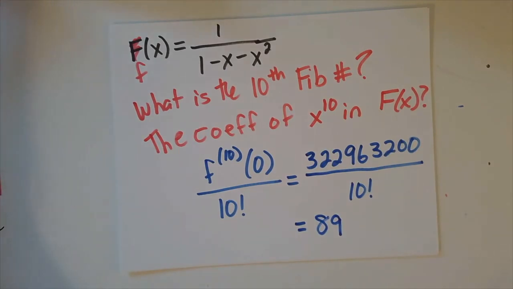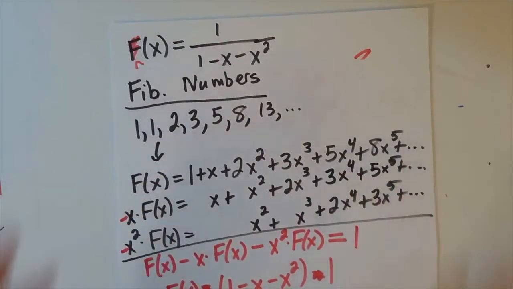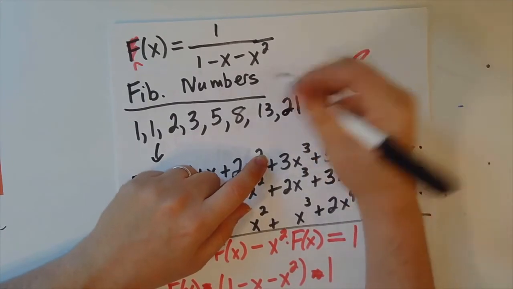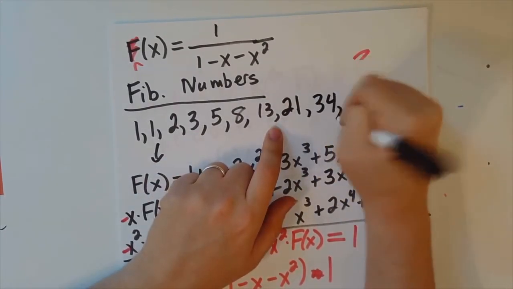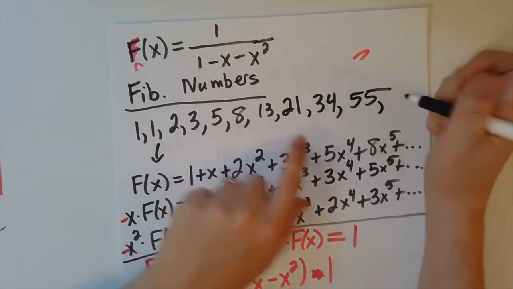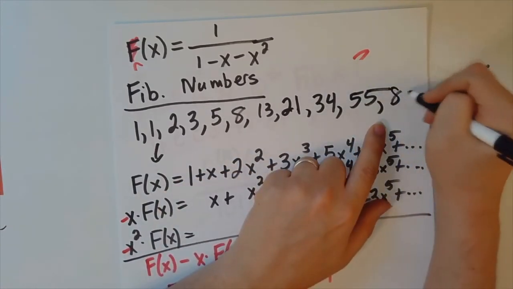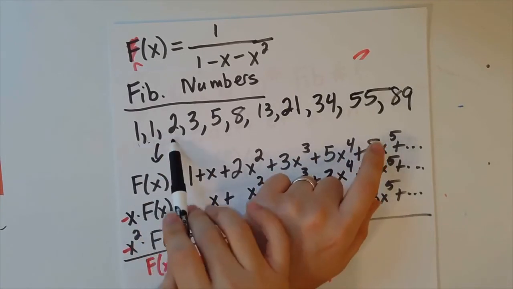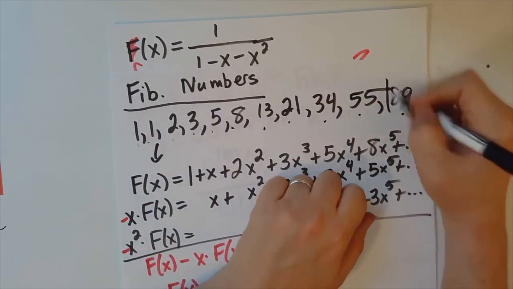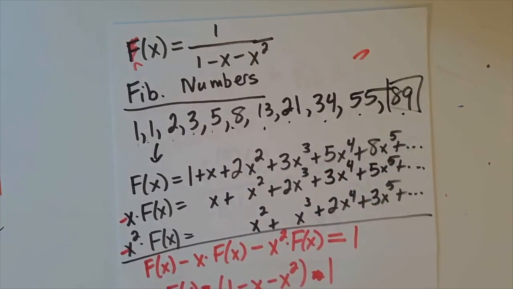If you're afraid that I cheated there, and that maybe that's not really the answer, you can go back to where we wrote down the Fibonacci numbers, and you can say, okay, what's the next one? It's 21, and then 34, and then 55, and then 89. And so that's 0, 1, 2, 3, 4, 5, 6, 7, 8, 9, 10. That's the 10th one. It's 89. We got the answer right.